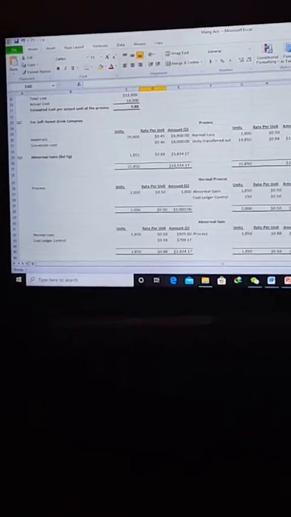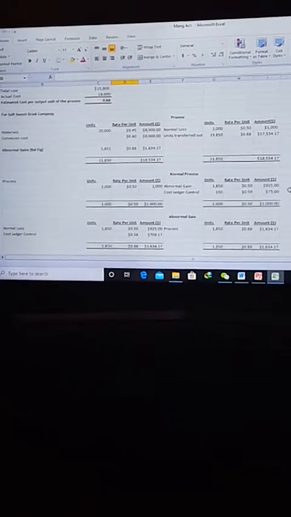The first one is the actual production of the process, which we have found, but there's an added element to it, where you can see the abnormal gains have been added to it.